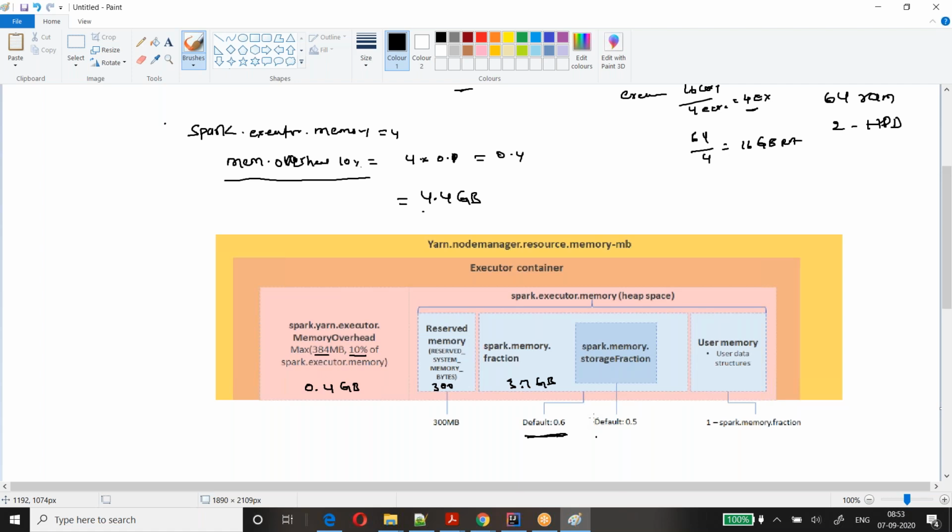So this is the old picture. Allocated 1.5, 1.5. This is how the memory division will happen. Some amount will be used for the storage process and some for the execution process. Is this clear?